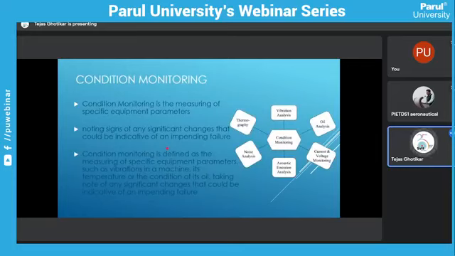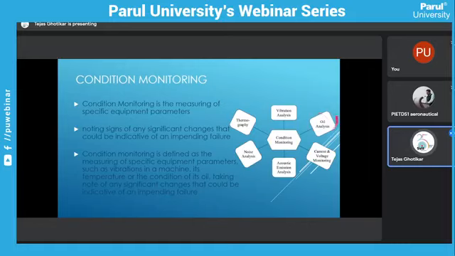Now, condition monitoring. Here we are moving towards monitoring. Again, we have different types of monitoring: vibration analysis, thermography, noise analysis, acoustic emission, voltage or current monitoring, and oil analysis.